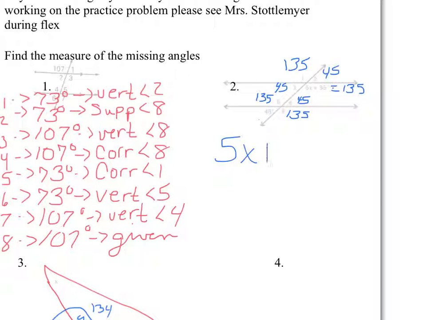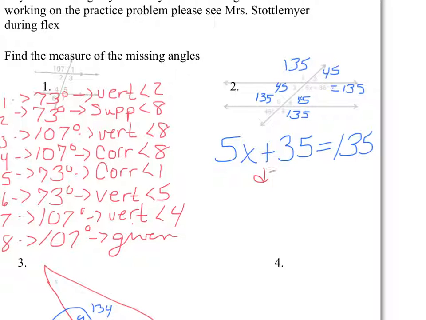So now we know that this math problem, 5x plus 35, has to equal 135. The problem wasn't asking what's the measurement of the angle, it's asking what x is. But we need this angle measurement in order to figure that out.